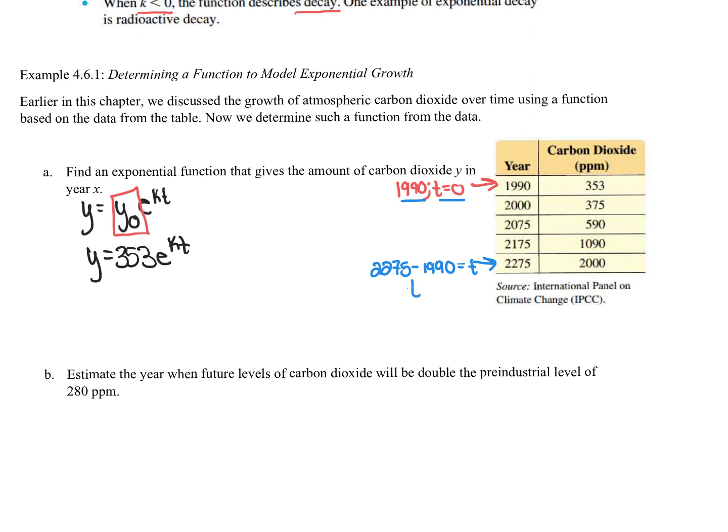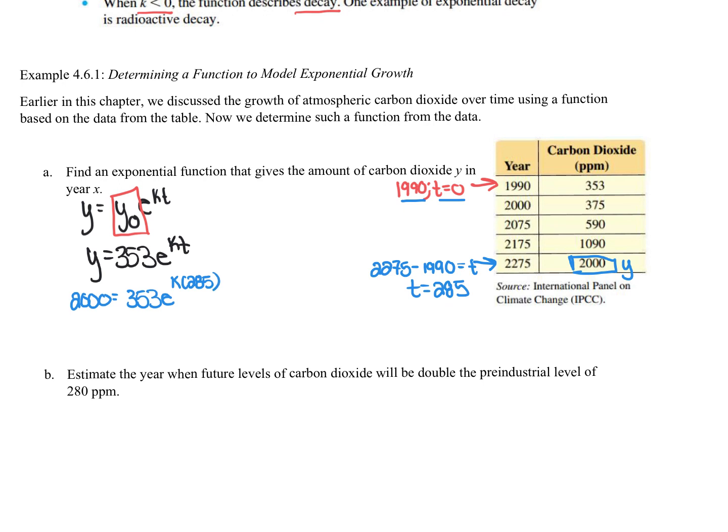And when you do that, you should get that t equals 285. So now I know my t value, and this is going to be the y value that I plug in with it. So I'm going to write down 2,000 equals 353 e to the k times 285 power.